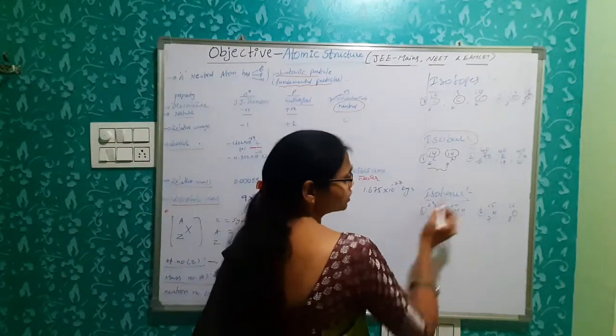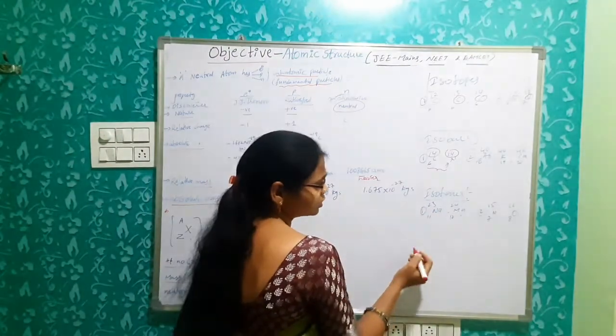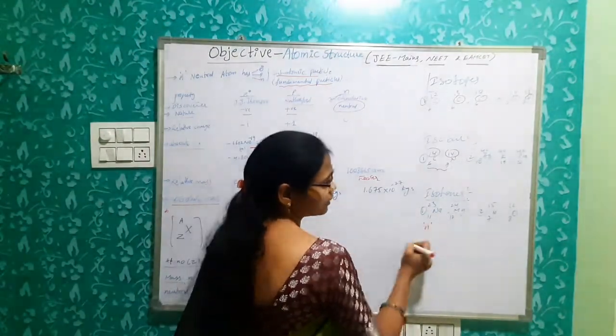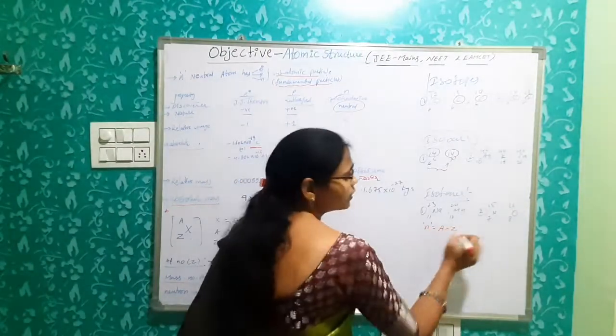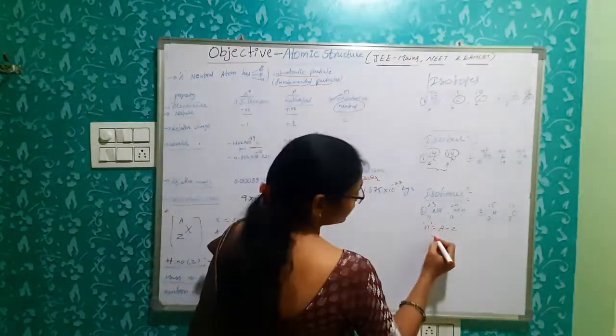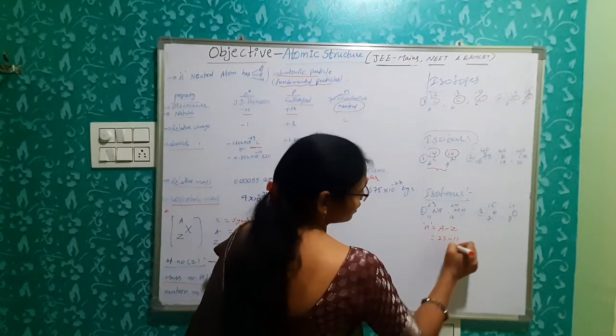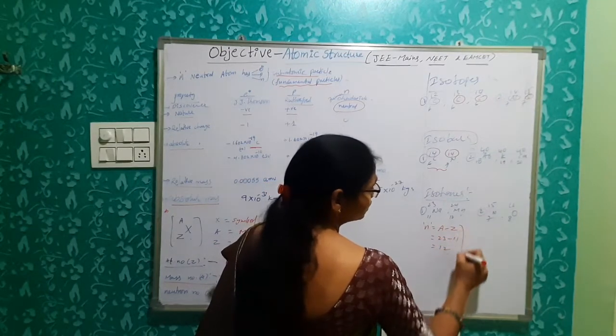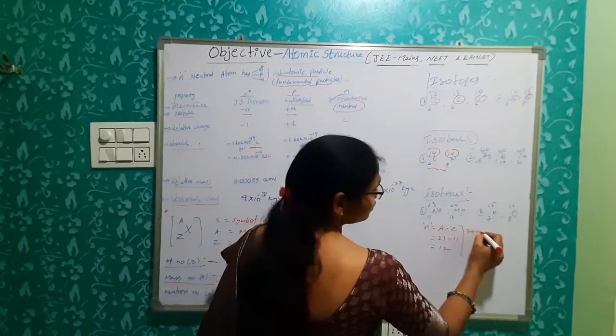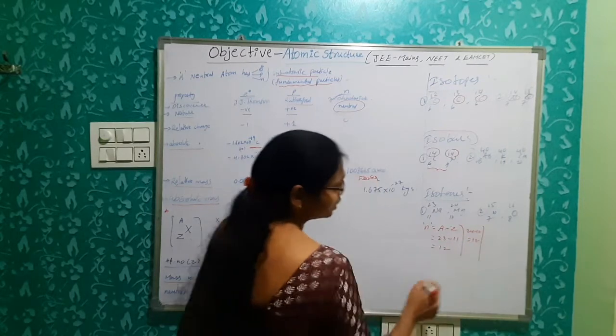Next, isotones. Isotones are nothing but atoms having the same neutron number. For example, sodium 23 minus 11 is 12, and magnesium 24 minus 12 is 12.